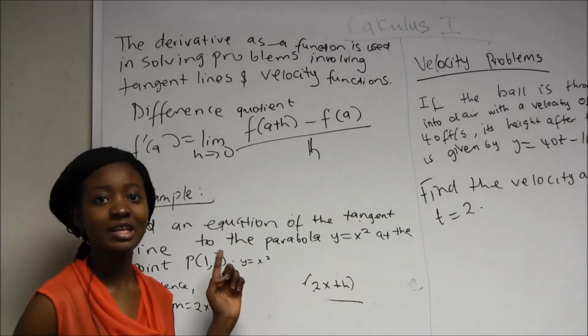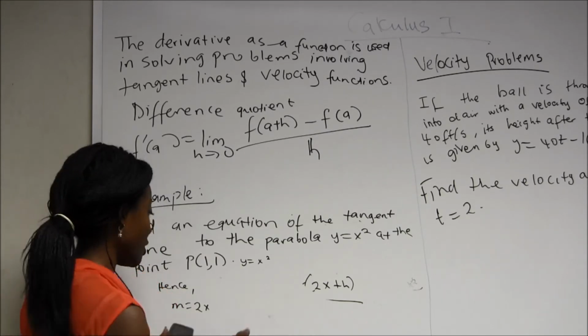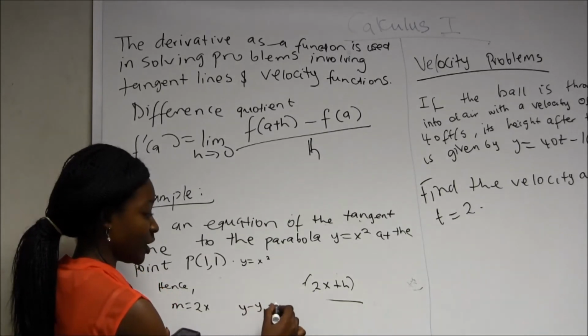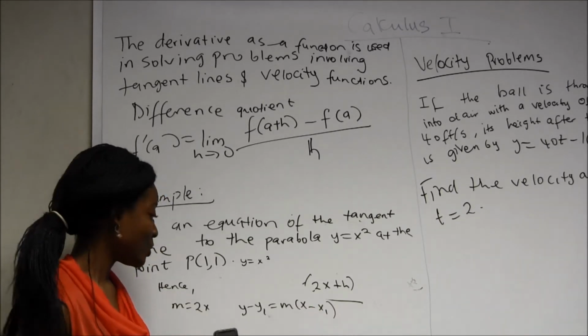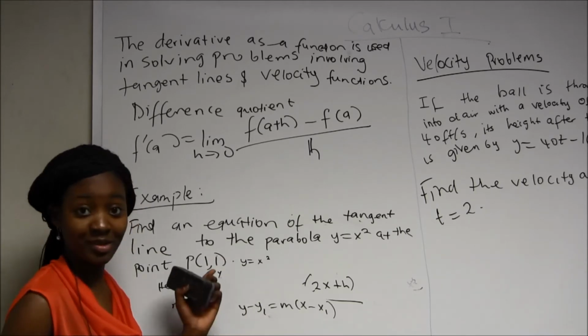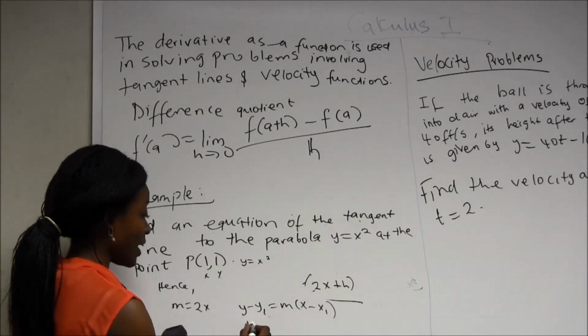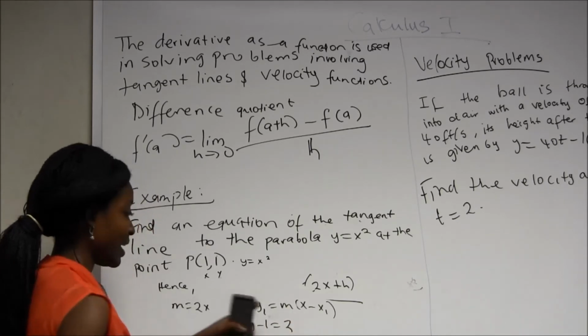So in order to find the equation of the tangent line, I'm going to make use of the point slope formula, which tells me that y minus y1 equal to m(x minus x1), right? So here I have my points. My x is 1, my y is 1. So I have y minus 1 equal to 2. And how did I get 2?